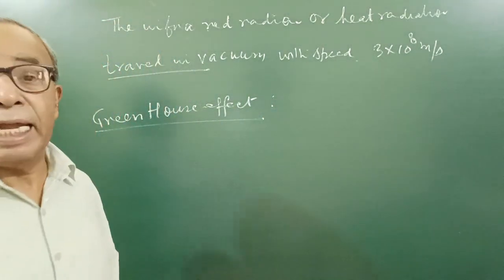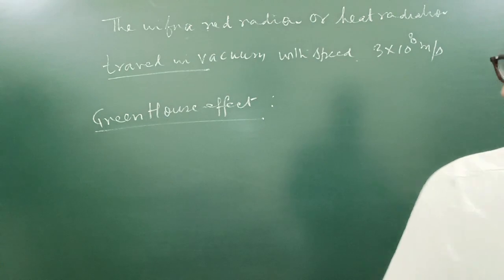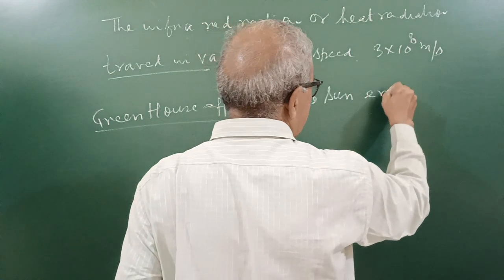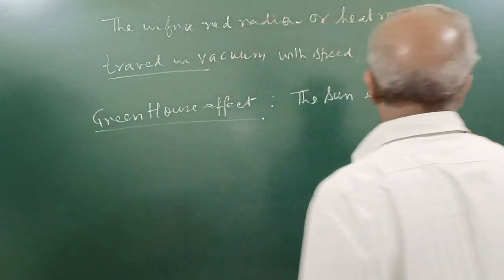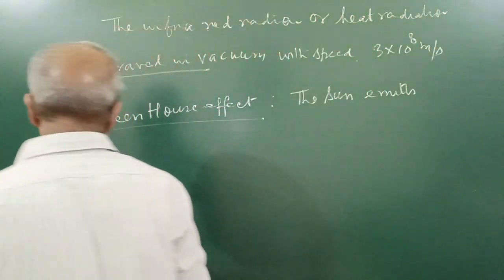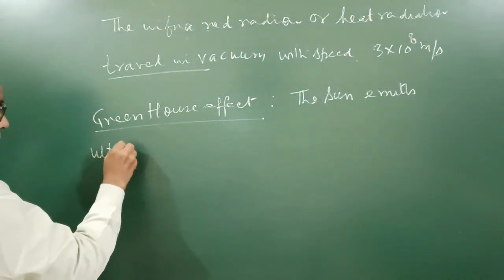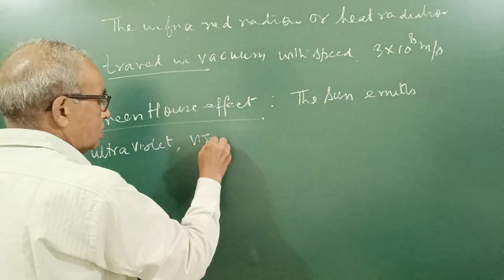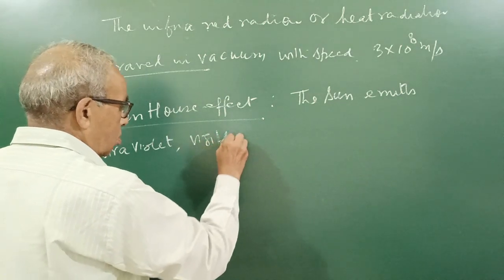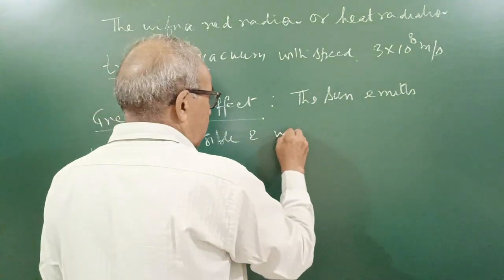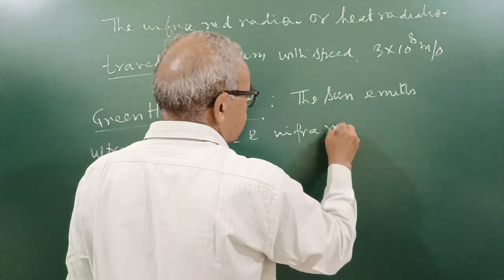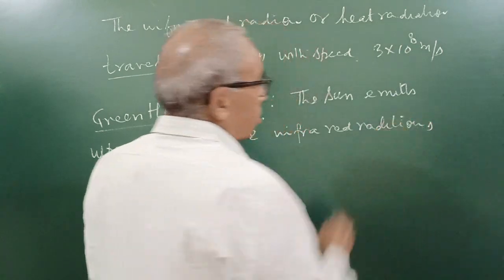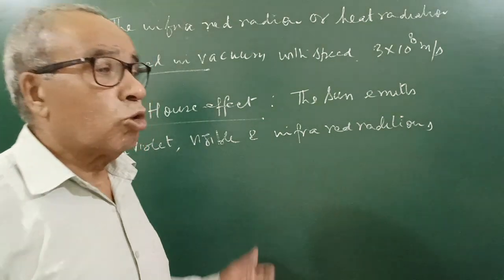You have learned in class 10 that the sun emits ultraviolet, visible and infrared radiation. The sun is the source of these three radiations.